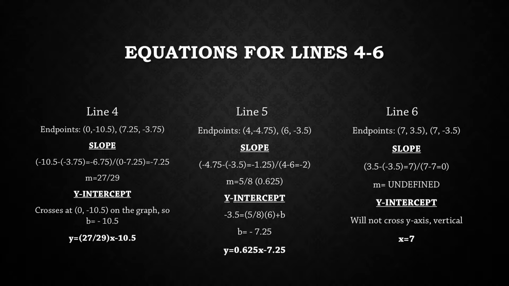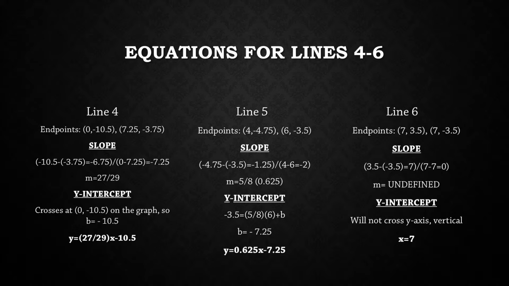After doing this, we find that the y-intercept would be negative 7.25. Plugging this back into the equation, we find that the equation of line 5 is y equals 0.625x minus 7.25. Again, that's 0.625 times x minus 7.25.